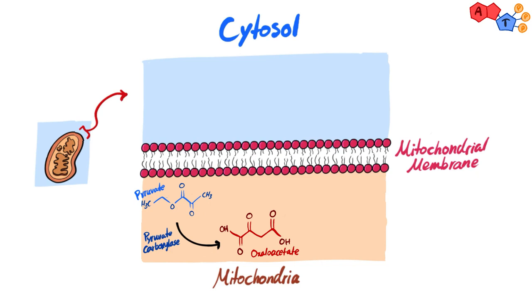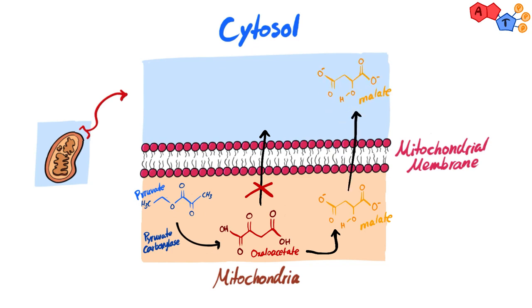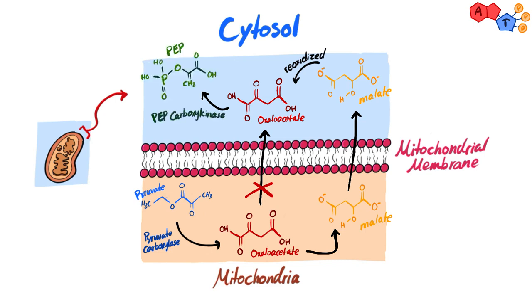Oxaloacetate, a TCA cycle intermediate, cannot pass through the mitochondrial membrane into the cytoplasm. It is reduced to malate, which leaves the mitochondria through the malate shuttle, and enters the cytoplasm where it is reoxidized back to oxaloacetate. Oxaloacetate is then decarboxylated and phosphorylated by PEP carboxykinase to form, finally, PEP.